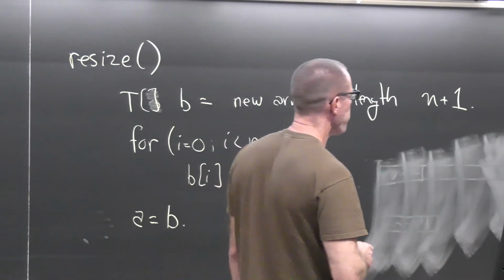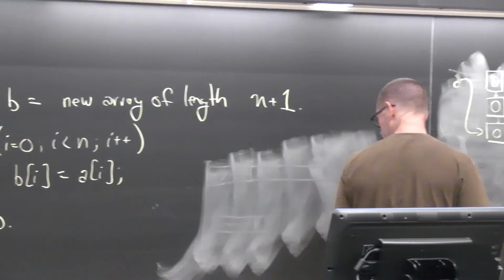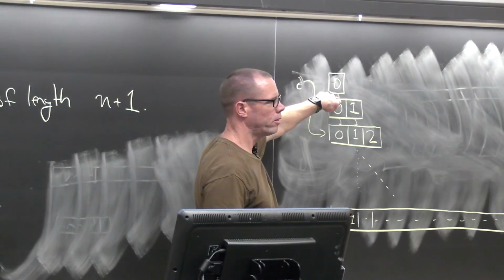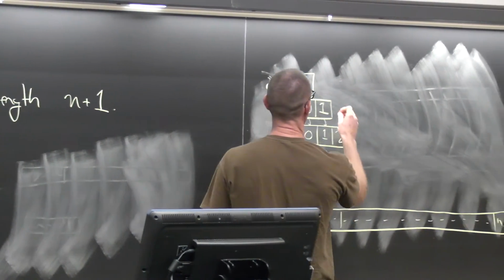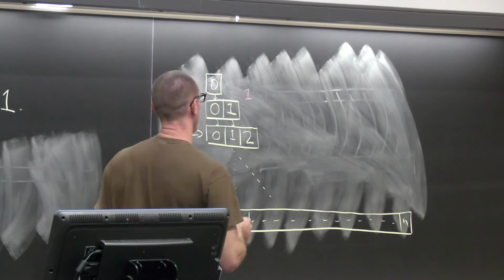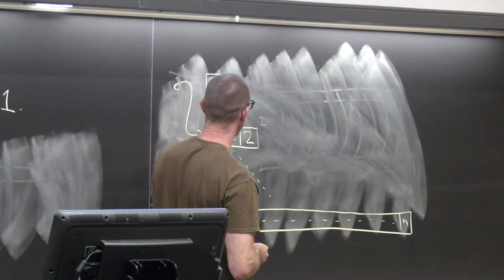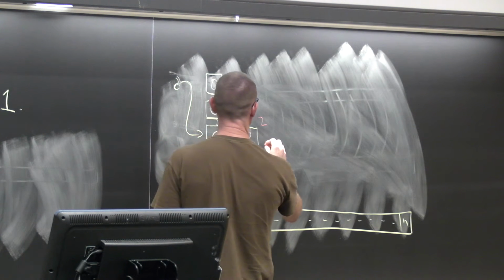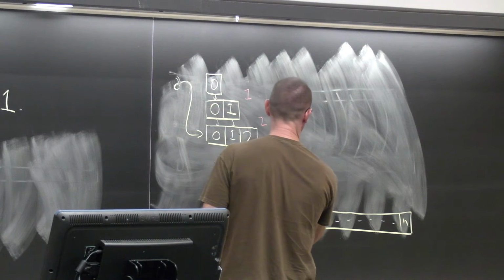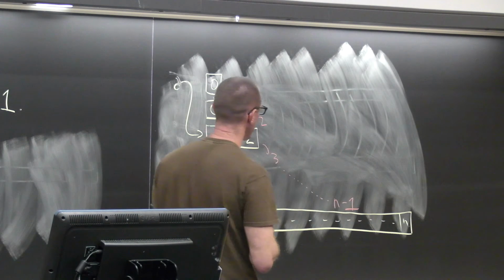So that means as we go from here to here, we copy one value, 0. As we go from here to here, we copy two values, 0 and 1. As we go from here to here, we'll be copying 3 values. And right up until the end, when we're copying n minus 1 values.